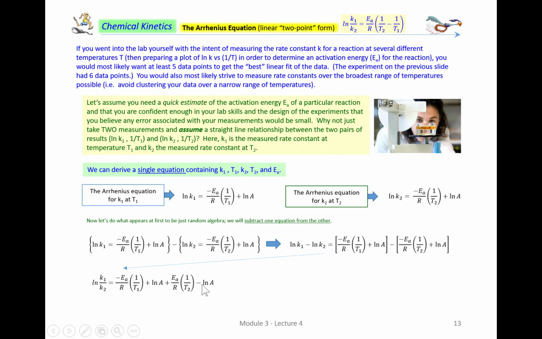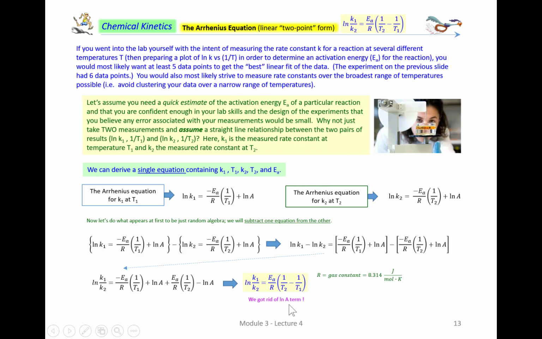And as we've assumed that the frequency factor won't change that much, the two ln of A terms cancel out. And what you're left with is an equation that looks like this. And the nice thing about this equation, if you believe the algebra and believe the equation is useful, and that our assumption that A hasn't changed too much isn't too much of an error, is that we have an equation with a rate constant K1 at temperature T1, a rate constant K2 at temperature T2, and an activation energy.